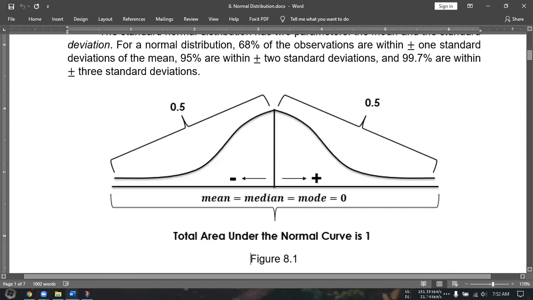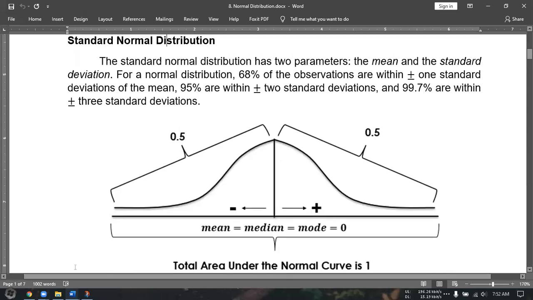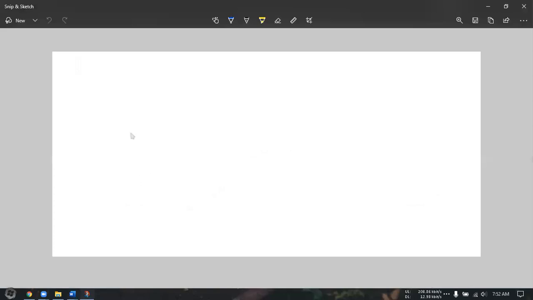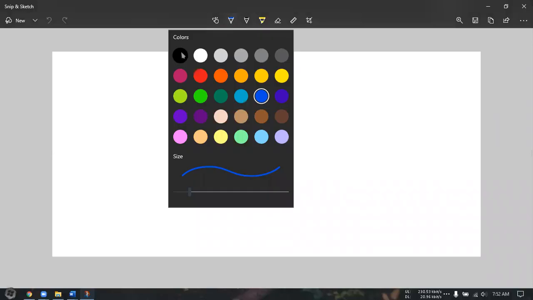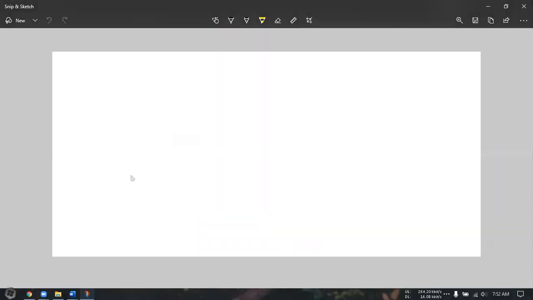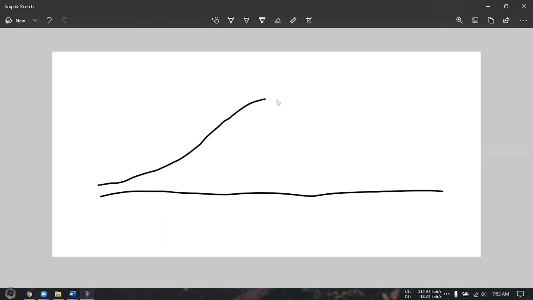Now, what do you mean by this percentage? Say here is your normal distribution, distributed from lowest to highest, and then you have the normal curve.